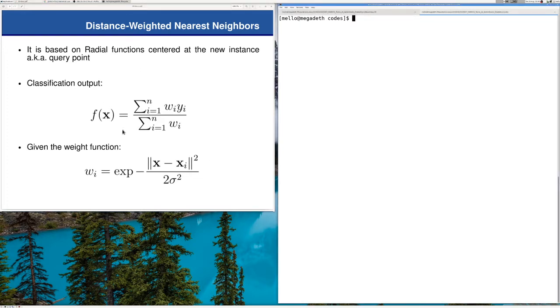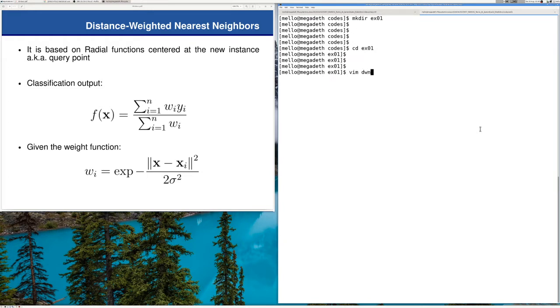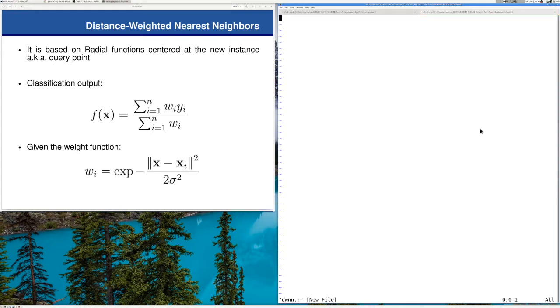In this scenario, I'm going to implement our distance weighted nearest neighbors. I'm going to write here our first example. I'm just creating a directory here, and inside the directory, I'm going to develop our DWNN, distance weighted nearest neighbors. Okay, getting inside, I will depend on some functions to provide my result.